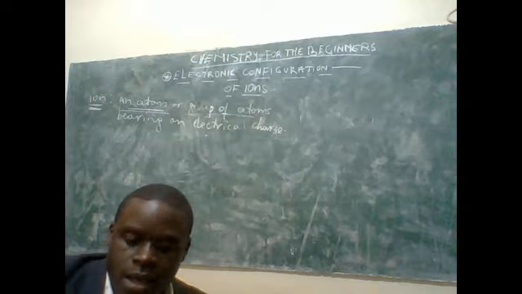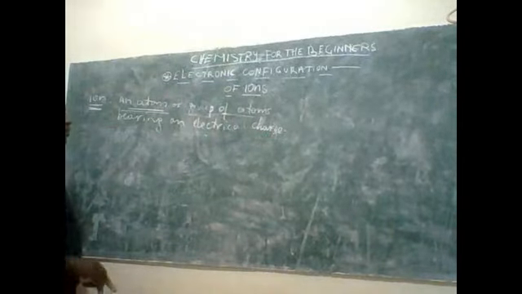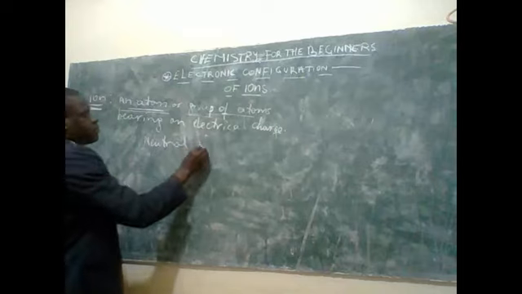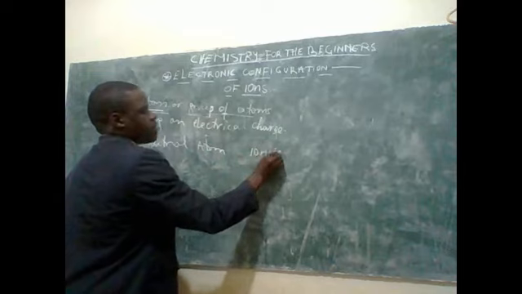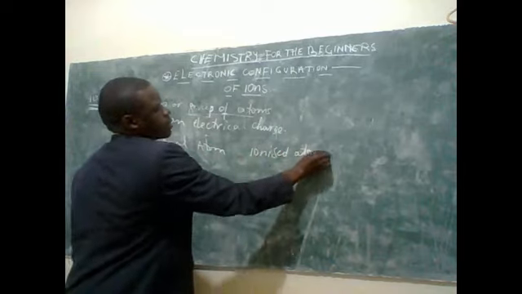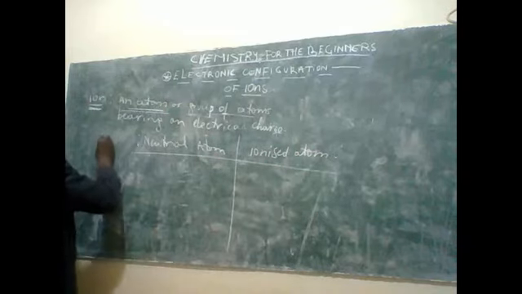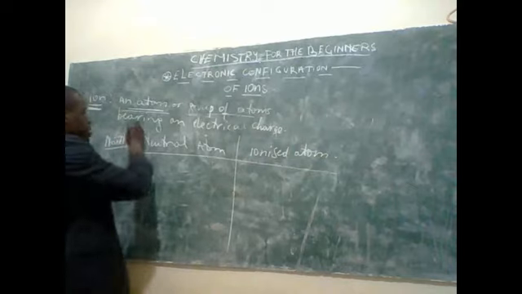In ion notation, we have the neutral atom and the ionized atom.